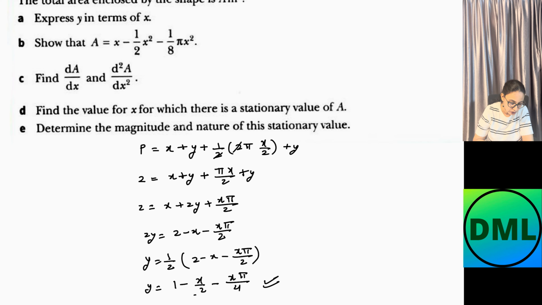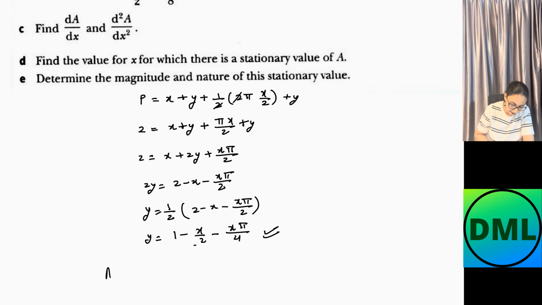Next question is, show that area A is given by this equation completely in terms of X. I need to write down the area. Area will be written as length times breadth. My length is X and my width is Y, plus the area of the semicircle. Area of the semicircle is half pi r squared, where r is X by 2, the whole squared.